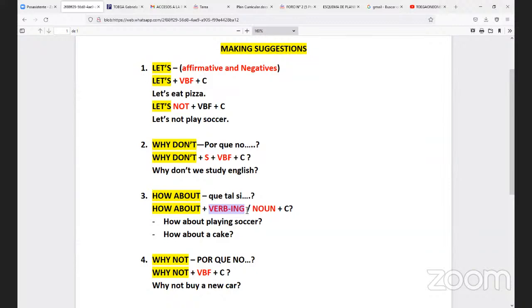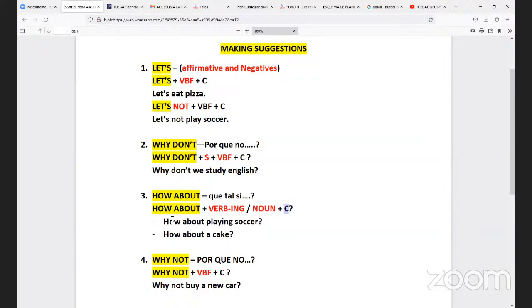Also, with how about, we can use it not only for actions but for nouns. What happens if we are in a restaurant and we don't know what to eat? In that case, we are going to use a noun. And finally, we have the complement.